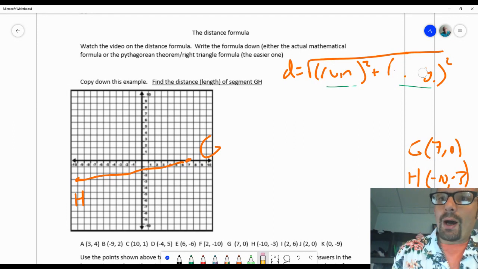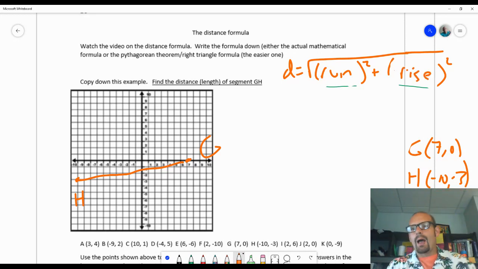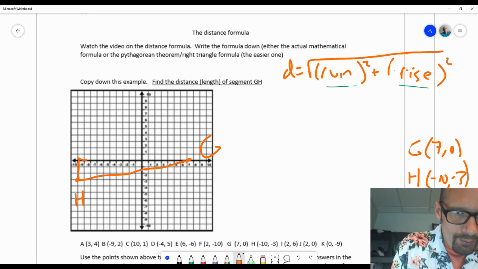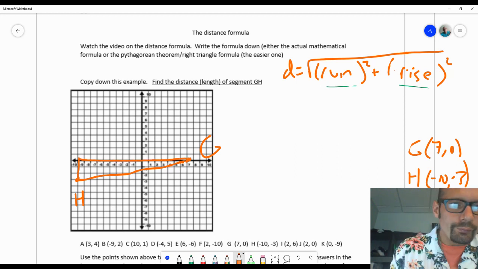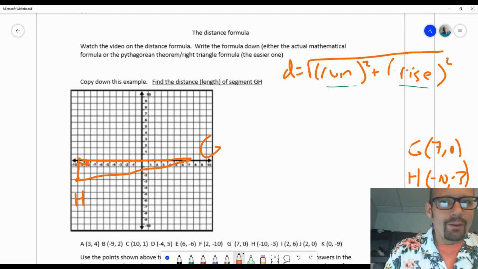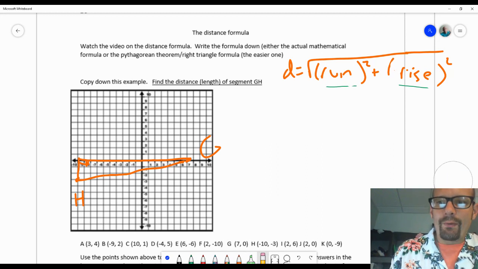The y2 minus y1, really, the rise squared. So if we were to visualize this, we can find our rise, we can find our run. And with the rise and the run, we create a right triangle out of that line right there. So we have our run, and we have our rise.